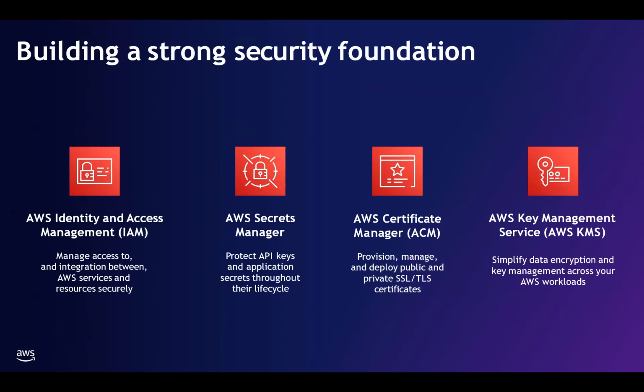So AWS offers multiple features like AWS Identity and Access Management, Key Management, AWS Secrets Manager, and AWS Certificate Manager to help companies build a secure cloud environment. These tools manage access, encryption, certificates, and many other features to help you secure your data.